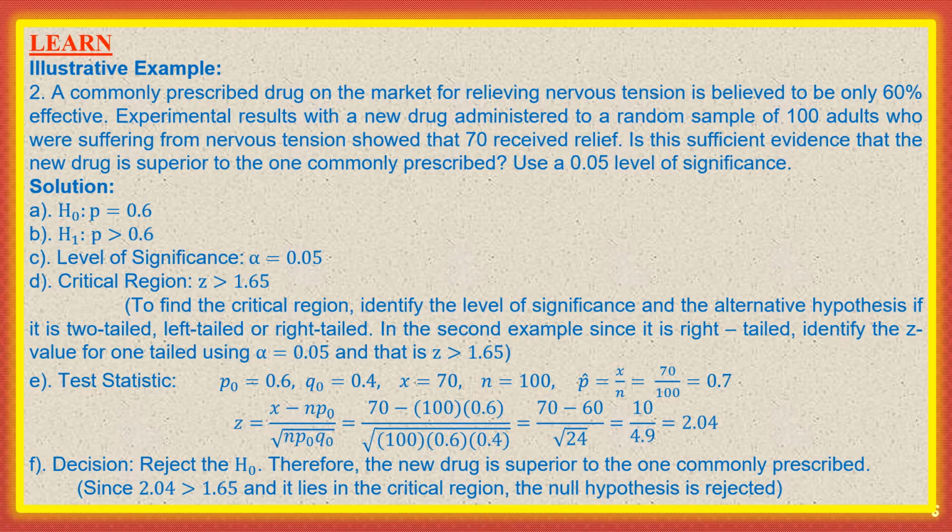So in this case, our decision is reject the null hypothesis because our computed value is 2.04, which lies on the critical region, that is greater than 1.65. So therefore, we could say that the new drug is superior to the one commonly prescribed.